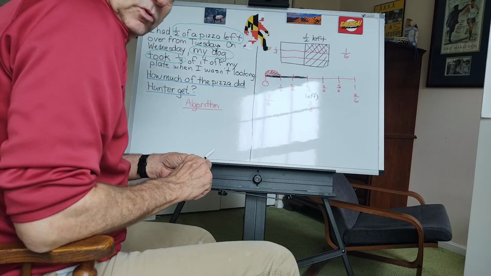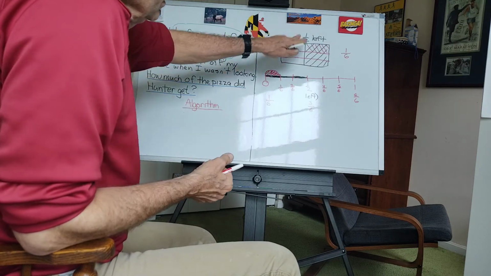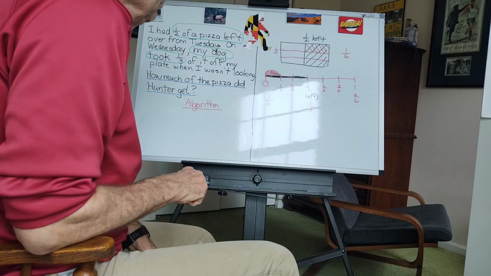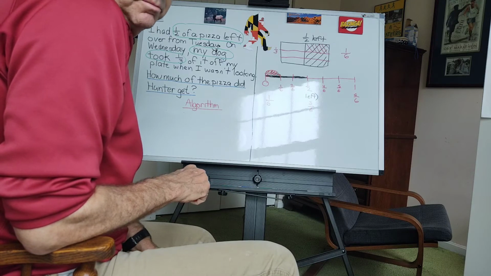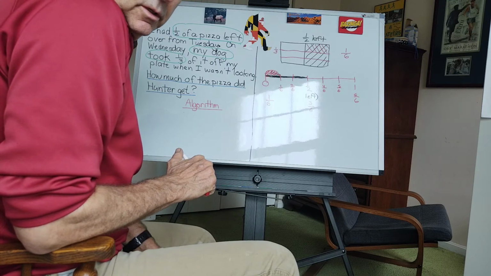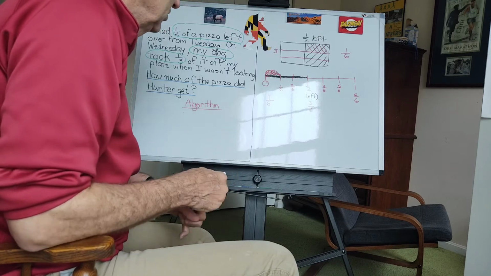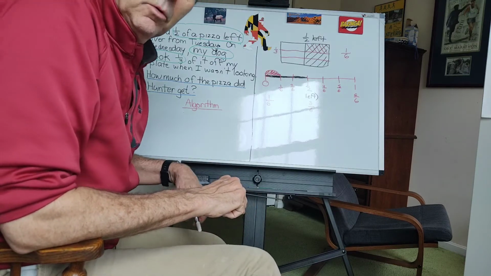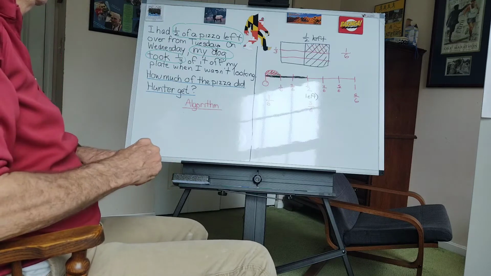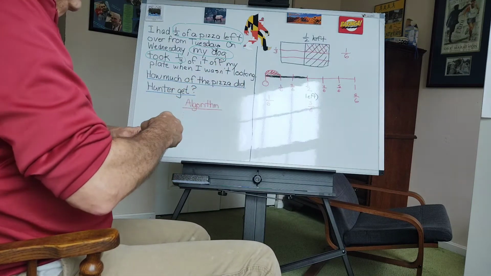Let's see how this works with the algorithm, because math is about doing things sometimes more efficiently, not just working hard, but working smart. So let's think about what our problem was.